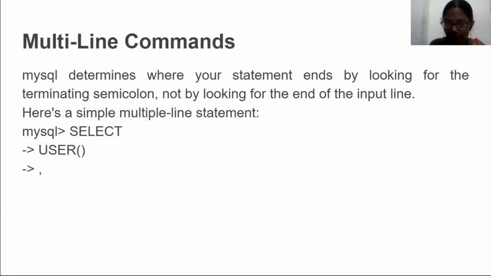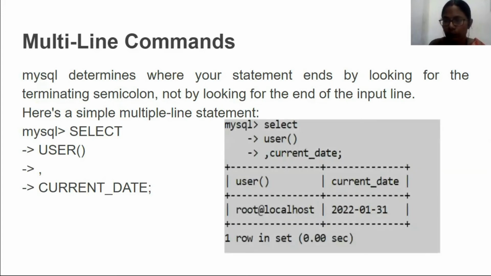After that, I have used a comma and given the current date. So I am going to get 2 things: one is the username and the second one is the current date. I have used 4 lines, and at the end of the 4th line I have given the semicolon. So there also I am able to get the output. So you can use multiple commands on a single line, or a single command on multiple lines. Both options are available in MySQL.